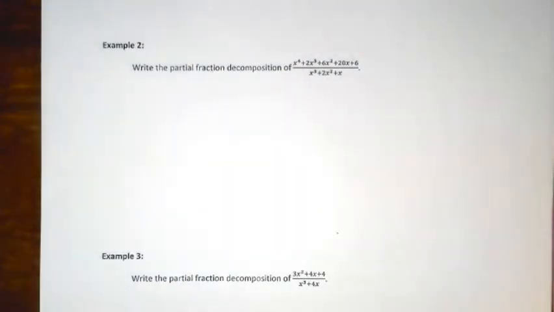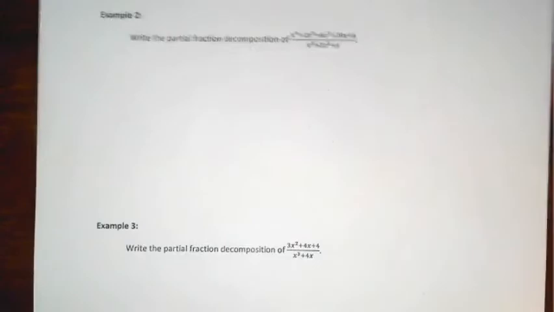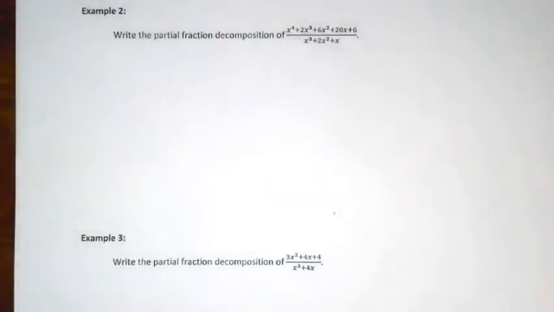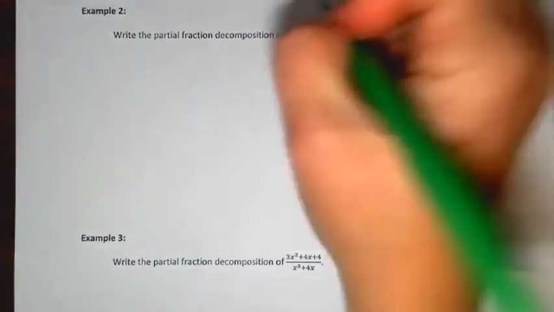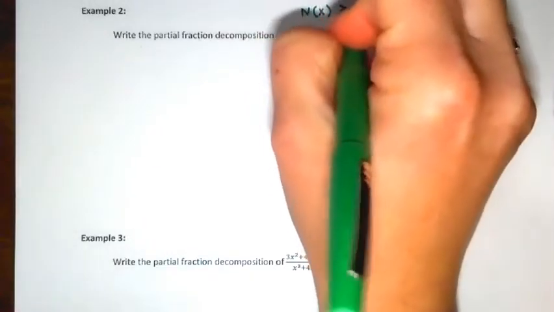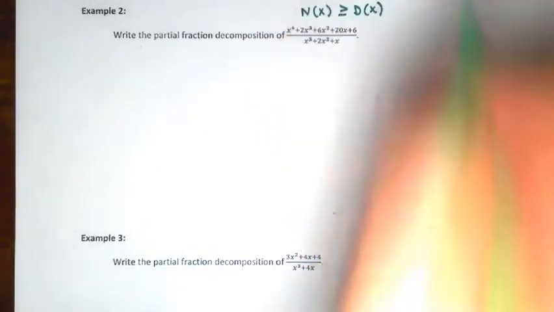Example 2. What do you notice about the numerator and my denominator? Very long. It is very, very long. Yes. What else? What's the first thing we should look for? Common factors, or like terms. We always want to see if the degree of the numerator is greater than the degree of the denominator.